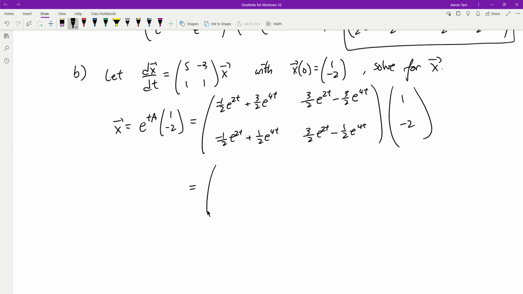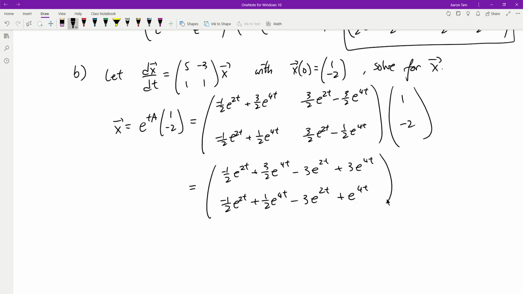So this would just equal 1/2 e to 2t plus 3 over 2 e to 4t. Negative 2 times this thing becomes minus 3 e to 2t plus 3 e to 4t. And then take the bottom row, multiply that, gives me negative 1/2 e to 2t plus 1/2 e to 4t. And then negative 2 of that becomes minus 3 e to 2t, minus, plus actually, because of the double negative, e to 4t.